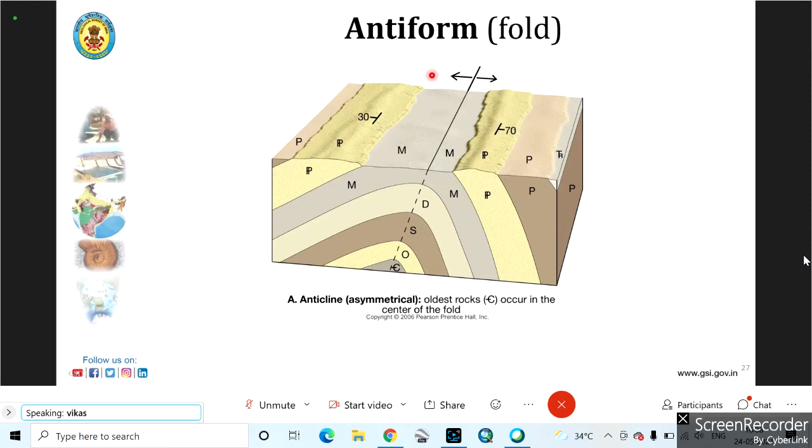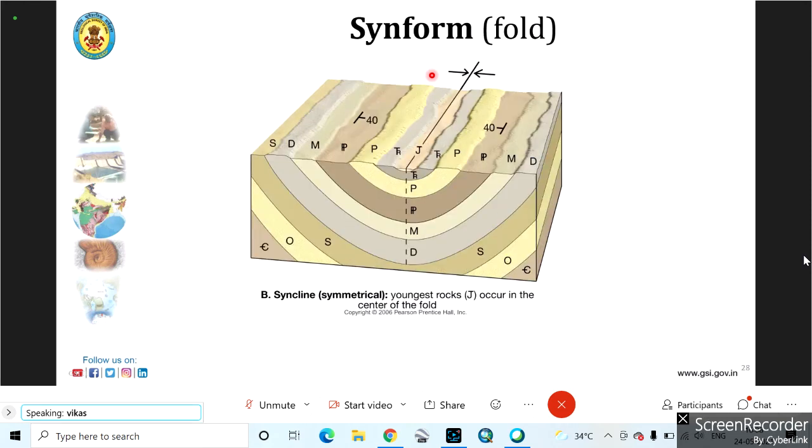Next, please. In the same way, in the core part you will be seeing the younger beds in the folded terrain. This is another important aspect we should always keep in mind when we are doing fieldwork in a sedimentary terrain: if beds are repeating, we have to identify the beds or units very carefully. Generally, the most common sedimentary rocks are sandstone, limestone and shale.